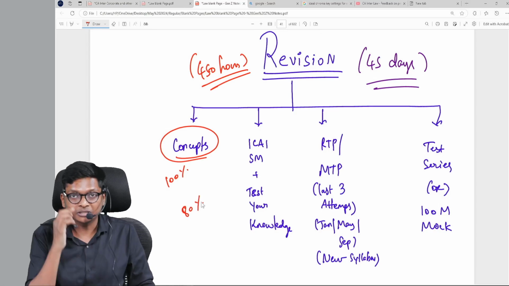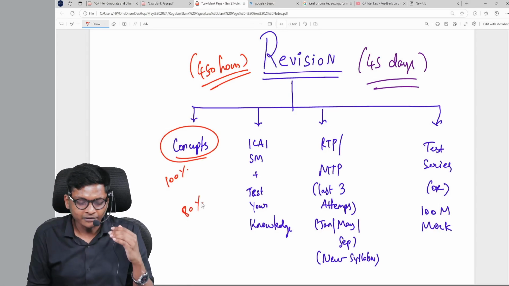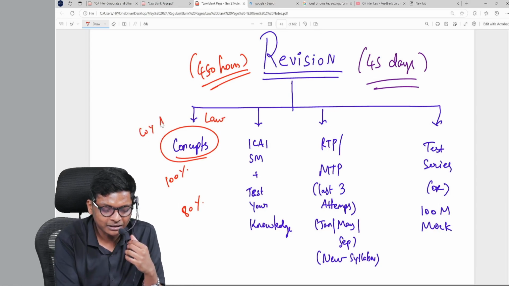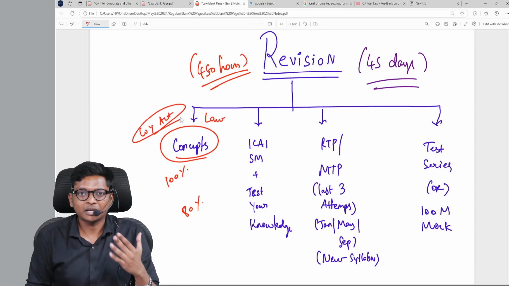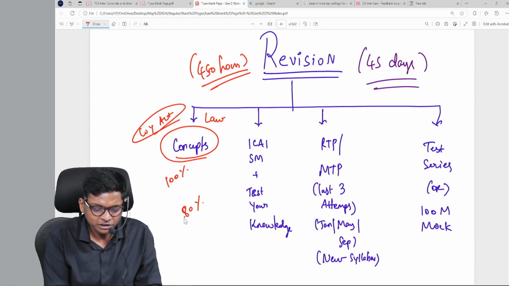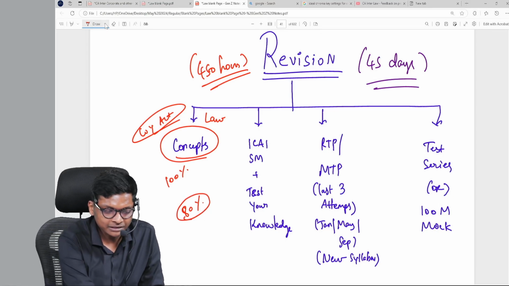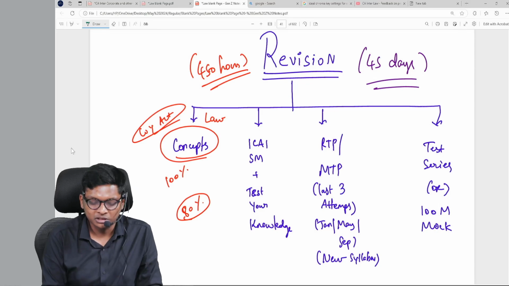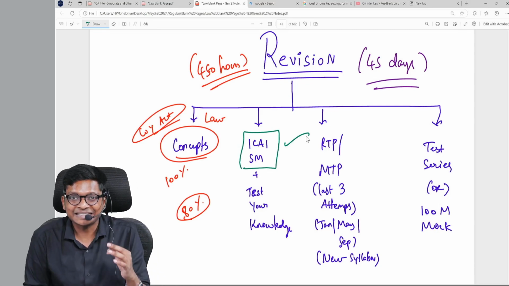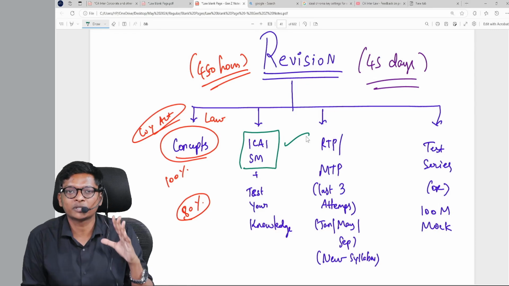Learning even 80% of concepts is fine. But for whatever concept you're finishing, for example, for Law, let's take the Companies Act, you finish all the concepts, and then in that particular concept, the first level of preparation is the ICAI study material. Have you finished all the questions?